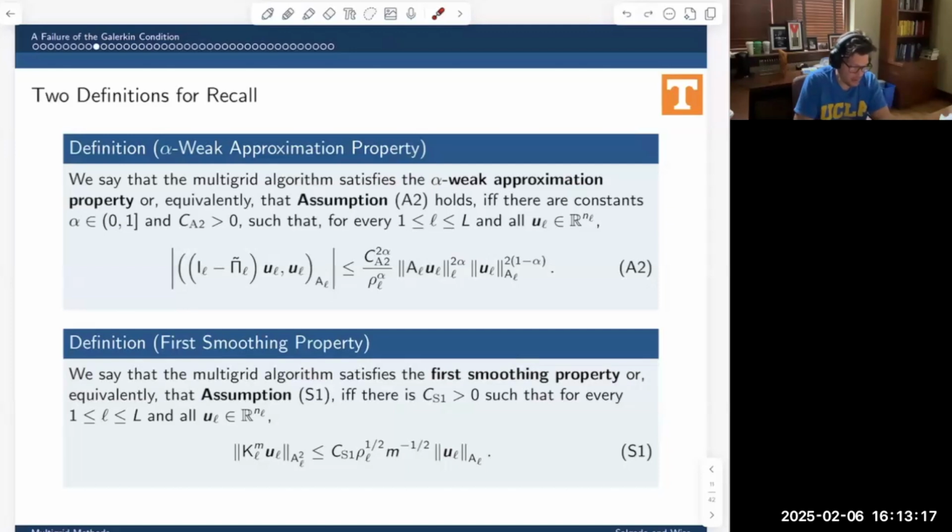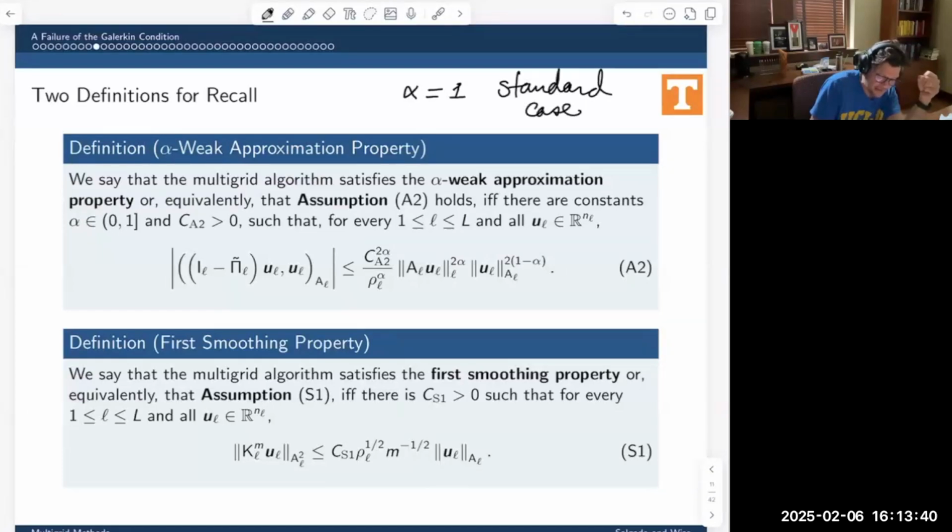We're going to assume that our method satisfies an alpha weak approximation property. Remember, we said that the standard approximation property is associated with alpha equals 1. So alpha equals 1 is the standard case. That's not going to hold for our case in chapter 7.